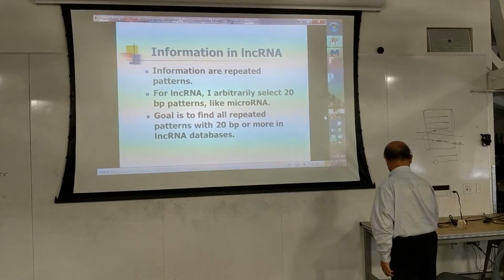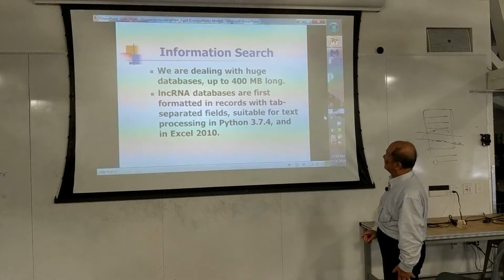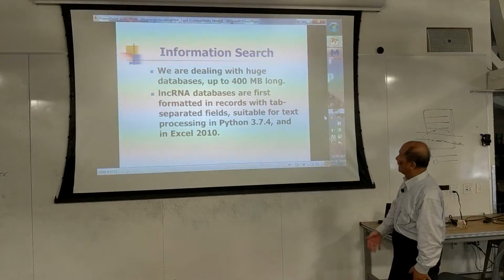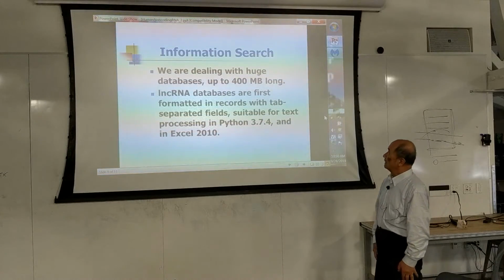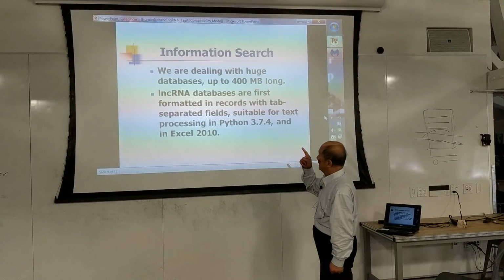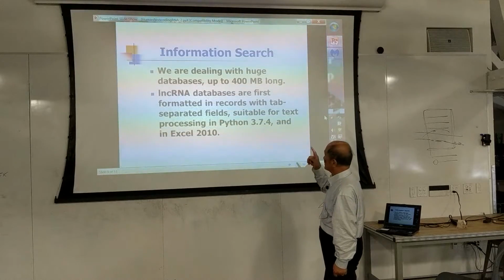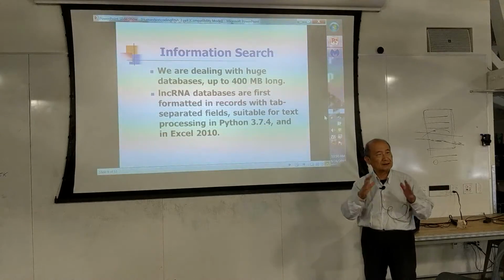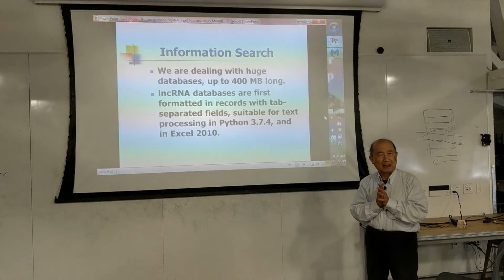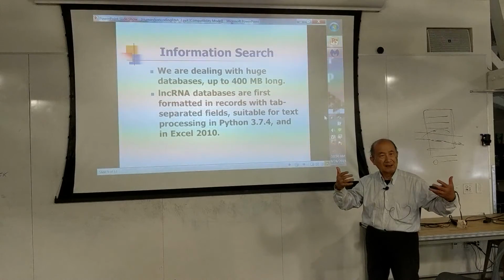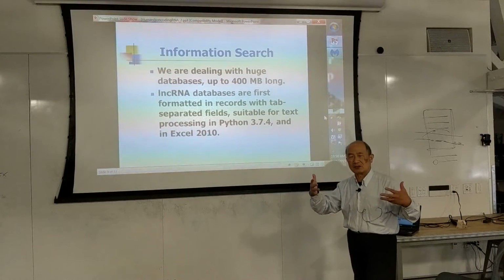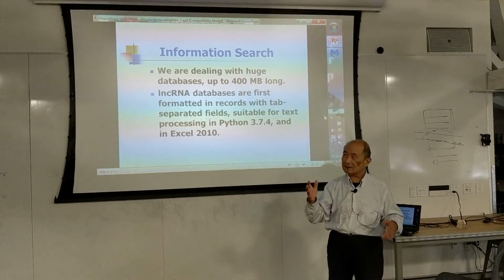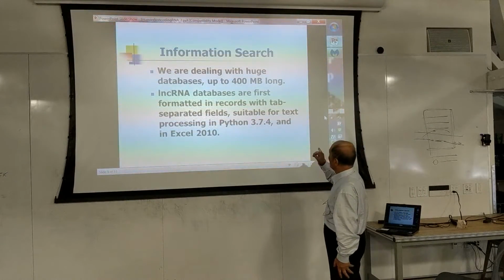So we are dealing with huge databases, up to 400 megabytes long. And the long non-coding RNA databases are first formatted in records. To facilitate analysis, because all the RNA databases are published in some standard format, mostly called FASTA or FA format.